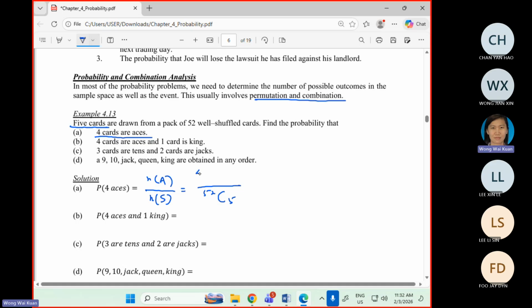All 4 aces, I get 4C4. Because it's aces, then how many are not aces? 48. So from 48, you choose how many? 48C1. Okay, only this one I want you to count. Can you count this? Your calculator, please.